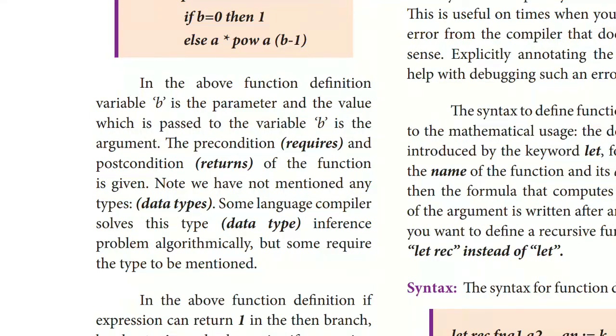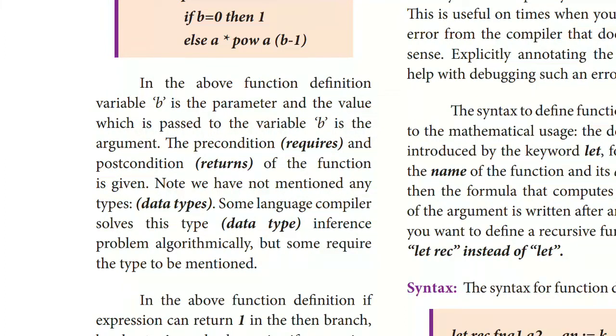Okay, so based on the value which is given to this variable, the compiler or the programming language itself will find the data type automatically. Okay, so no need to provide the data type. But some programming languages have their own disadvantages, so you have to give the data type manually.